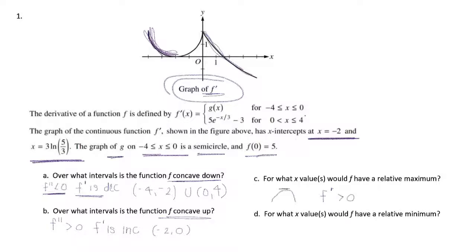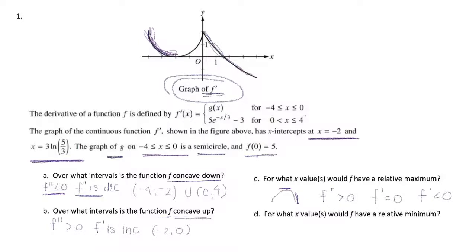And then up here we'd have a critical point, so f prime would be 0. And then we would start decreasing again, so I need to look where f prime is less than 0. So graphically, we need to look above the x-axis, cross the x-axis, and go below the x-axis.